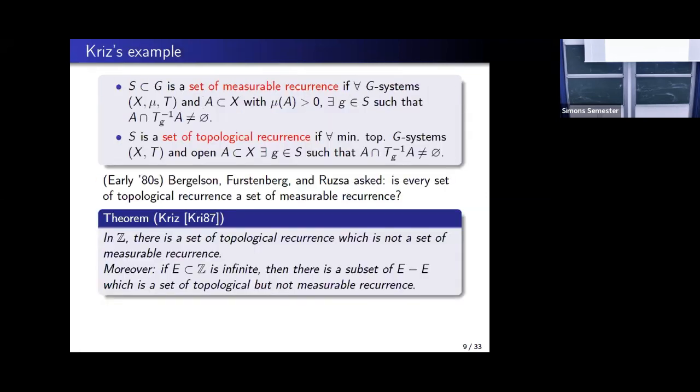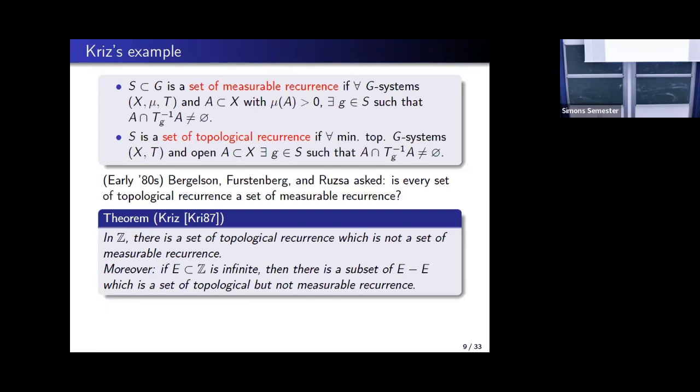Okay. So let me explicitly say what Kriz's example is about. So Kriz, as I mentioned before, Bergelson, Furstenberg, and Ruzsa asked, all in different language, is every set of topological recurrence a set of measurable recurrence? And Kriz constructed a set which is a set of topological recurrence, and not a set of measurable recurrence.